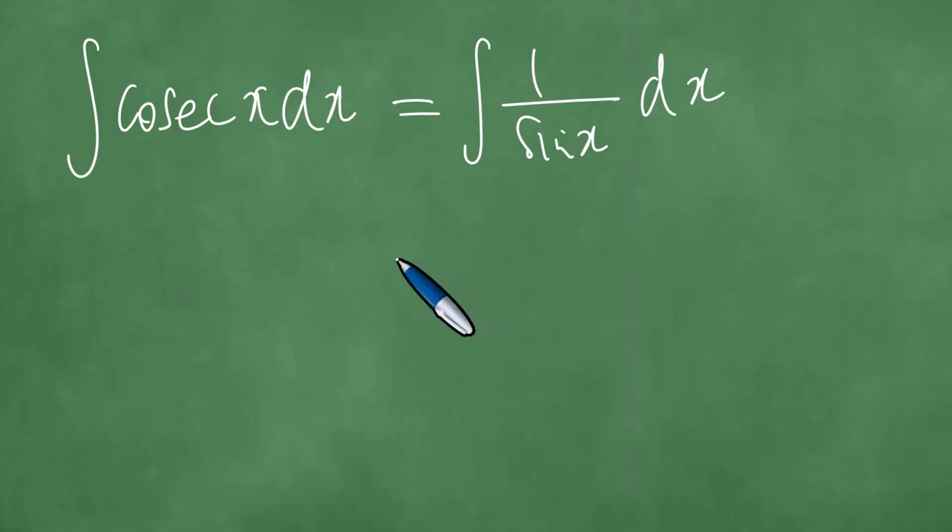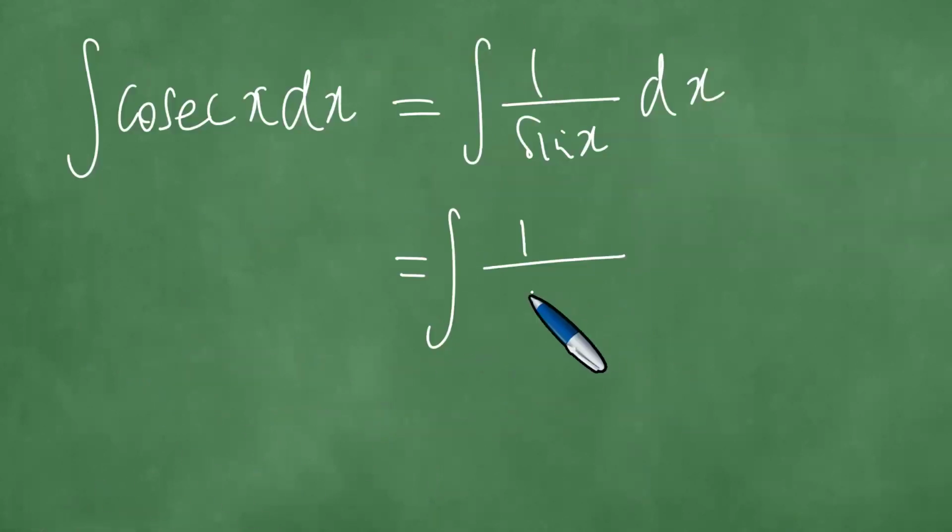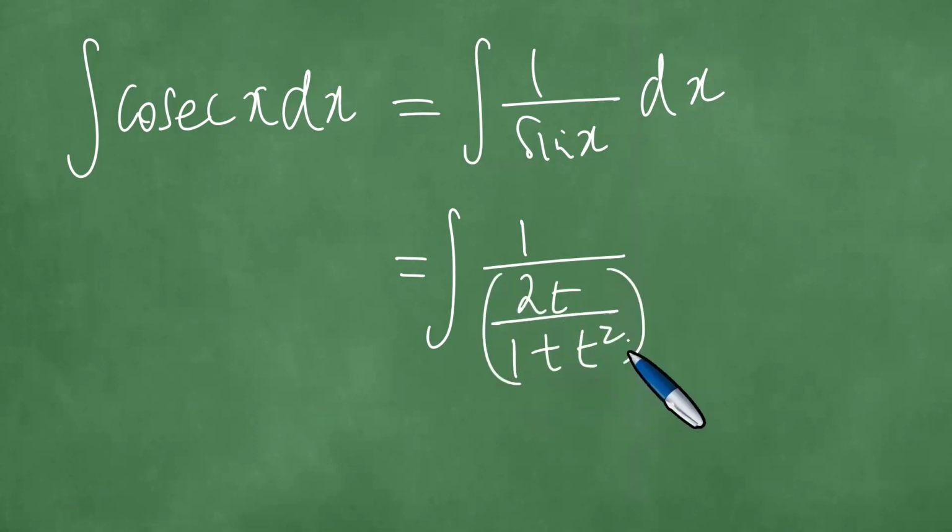Upon careful examination, we see that 1 over the sine of x in terms of t is 1 over 2t over 1 plus t squared, dx.